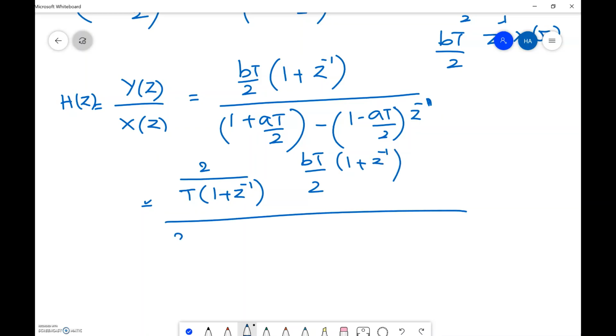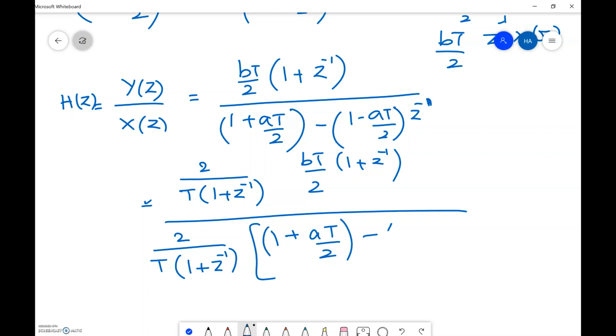In the denominator also 2 by t into (1 plus z power minus 1). So this term will multiply and divide with the numerator and the denominator: 1 plus at by 2 minus (1 minus at by 2) into z power minus 1.